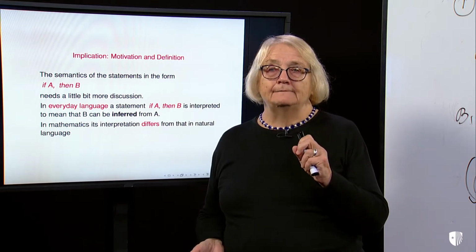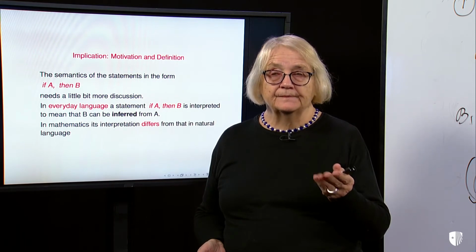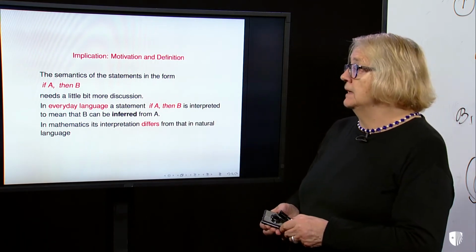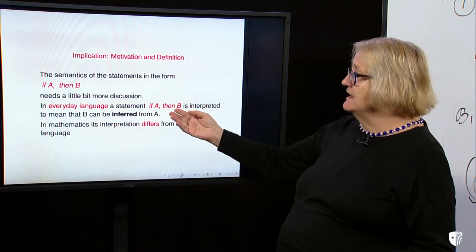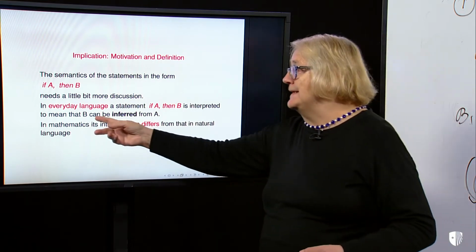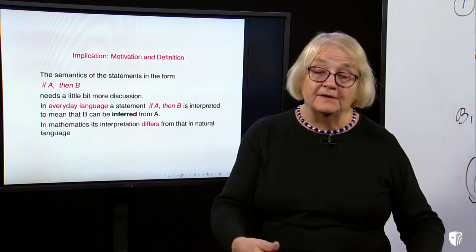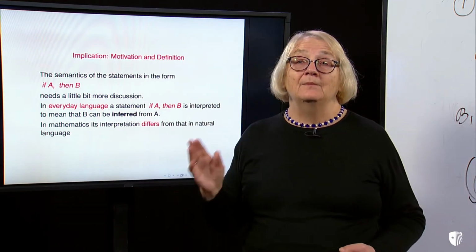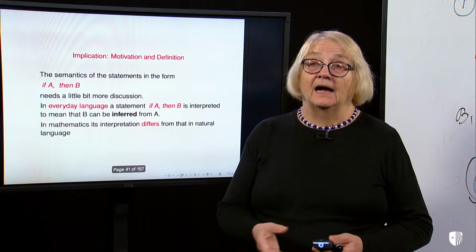Now, implication is more complex. Sometimes in everyday language, a statement 'if A then B' is interpreted to mean that B can be inferred or deduced. If this, then that, and you deduce, and so on. In mathematics, it's different.